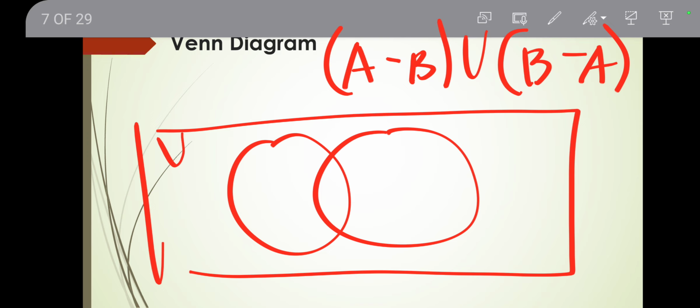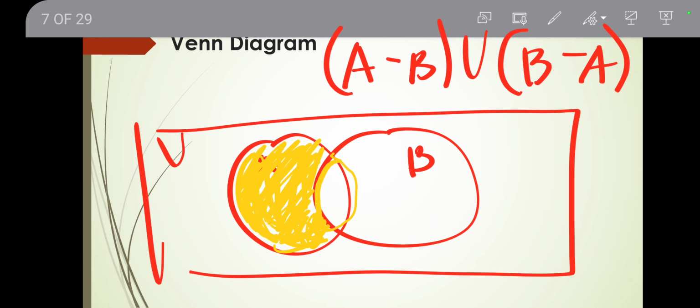Again, assuming this is your A, this is your B. So this is your A, you will have only to shade this. This is the only region. So this is only A minus B. Again, the common is not included. Although there is also an element of A there, it's not included because we have to remove that one.